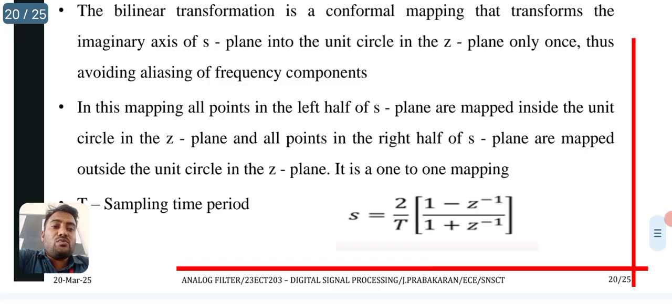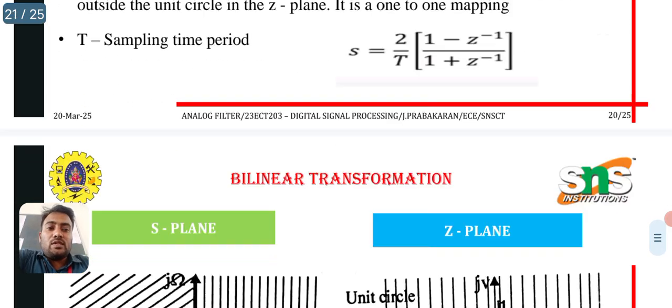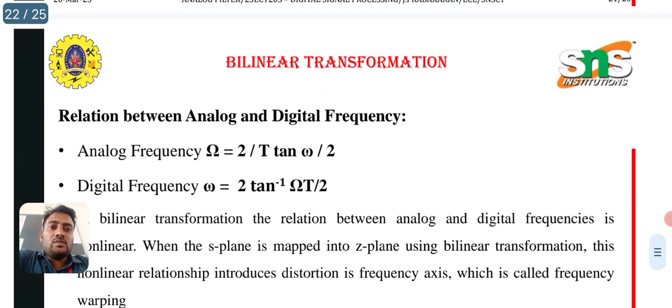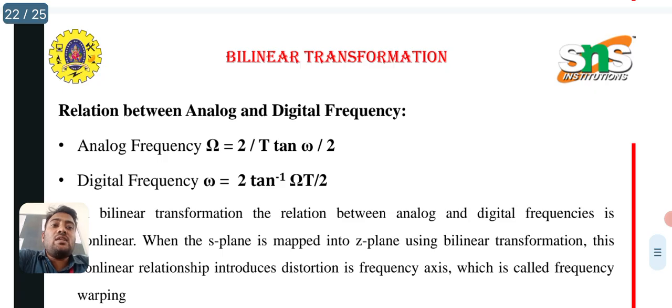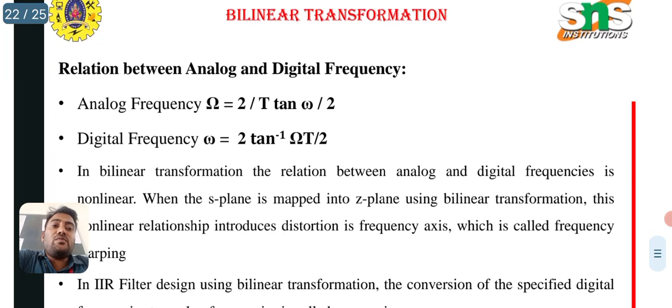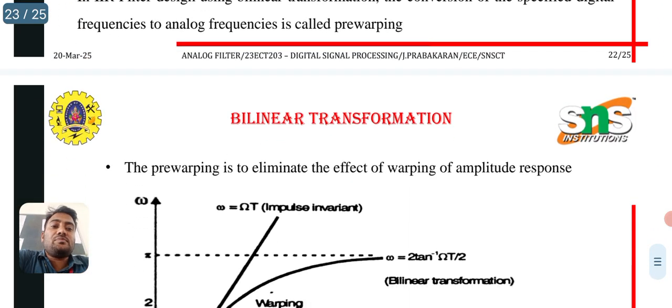By using this formula in the bilinear transformation technique, we convert from analog filter to digital filter. This is the formula for the relation between analog and digital frequency.